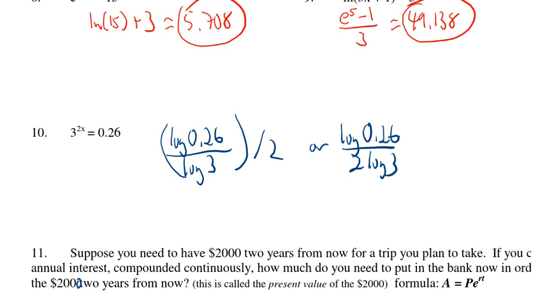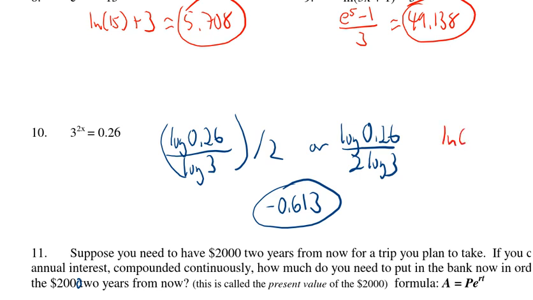Can you multiply it by natural log? Yeah, that's a great point, Ramon. In fact, I meant to mention that when we did this before. You can take any kind of log of both sides. So you could have had ln of 0.26 divided by ln of 3. You can take the natural log of both sides or the common log of both sides, and you're going to get the same answer.